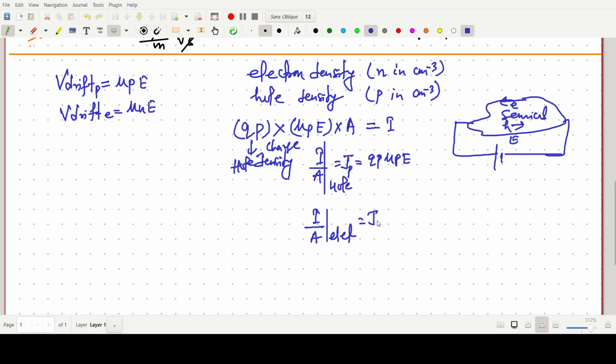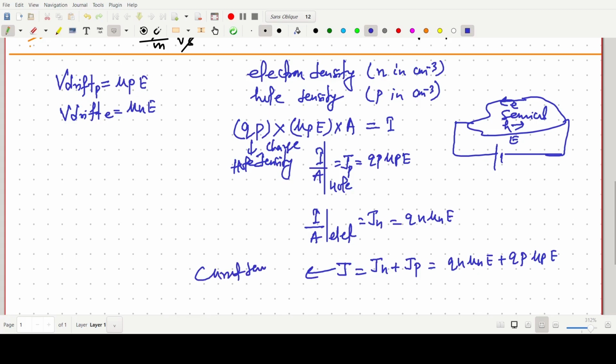Jn is nothing but simply qn mu n E, E is the electric field. So overall J will be Jn plus Jp, that is our qn mu n E plus qp mu p E. So this one is our current density, I by A.